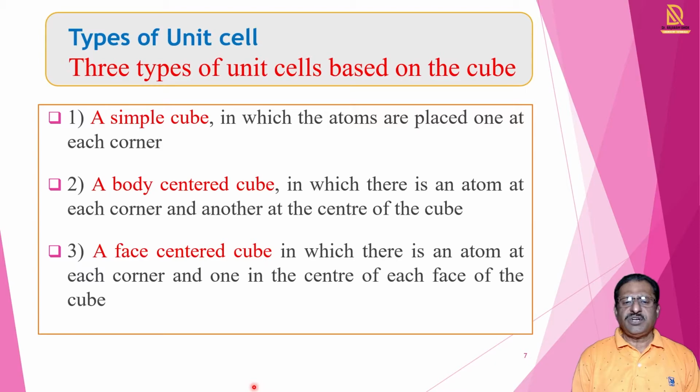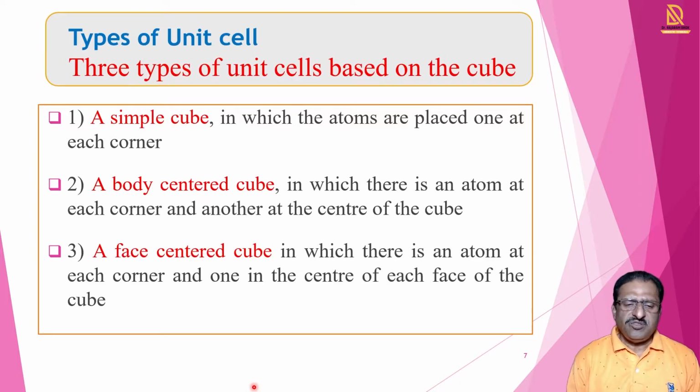In this body centered cube, the atoms are placed at each corner of the cube, and also one atom is placed at the center of the cube, so that is called a body centered cube.